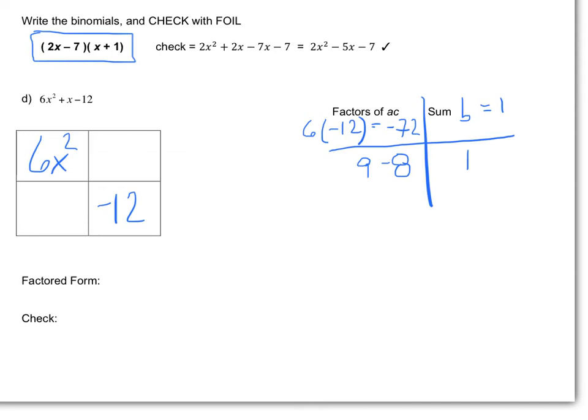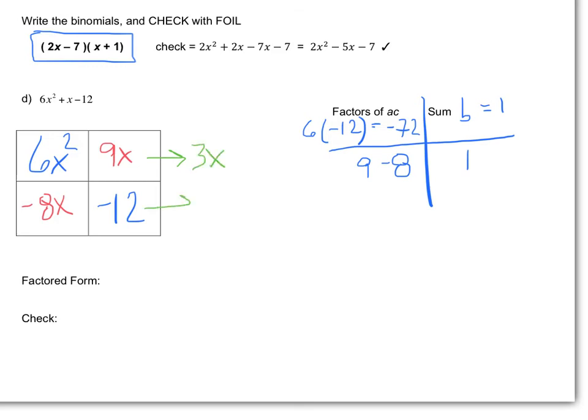So again, now these are my diagonals. I'm going to put 9x up here, negative 8x down here. Remember, this is where the x's go with them. And again, it doesn't matter. You do not have to have them in that way, they could go the opposite two diagonals, and that would be fine. But now I'm going to go across. If I look at my 6x squared and 9x, I see 3x in both.